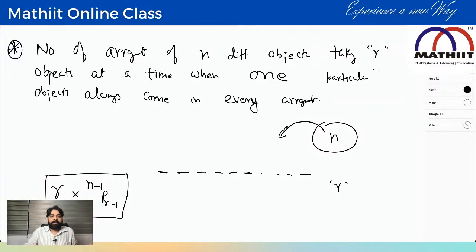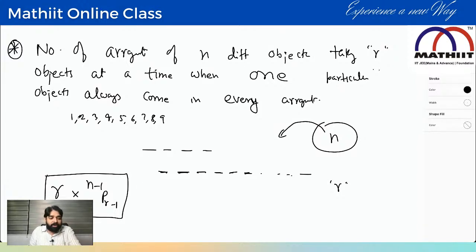As an example, suppose I say using the digits 1, 2, 3, 4, 5, 6, 7, 8, 9, I want to form a 4-digit number, but every number must contain the digit 1. I'm not saying it should start with 1, I'm saying it should contain 1.